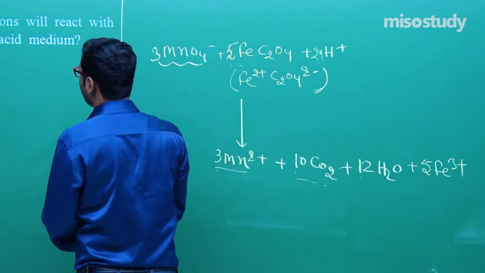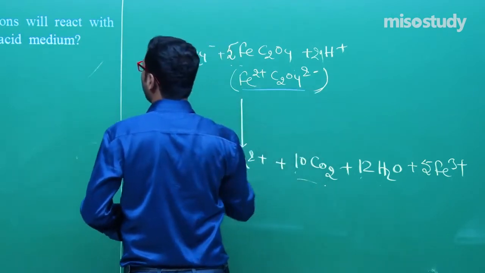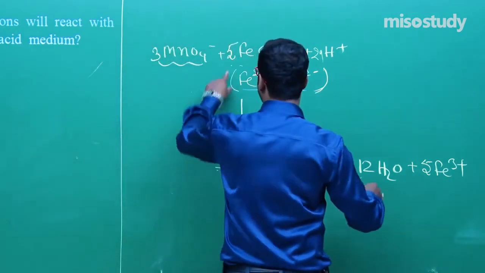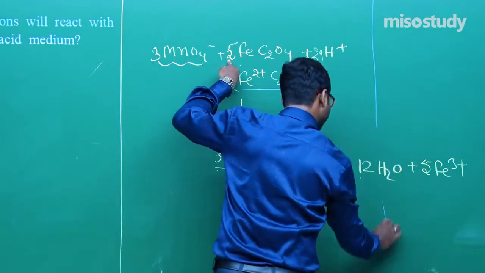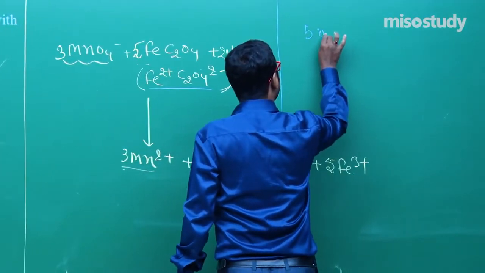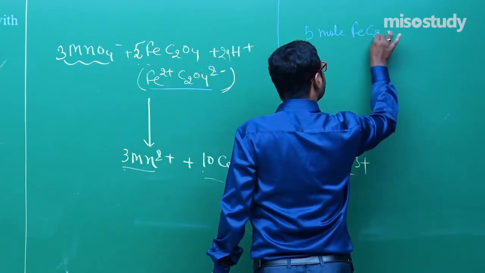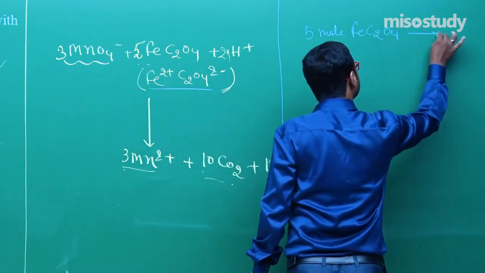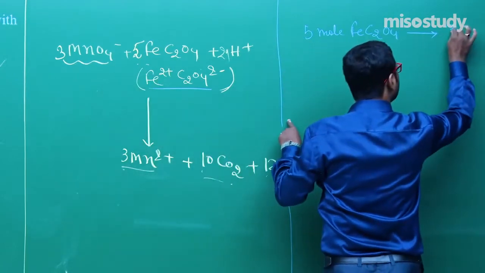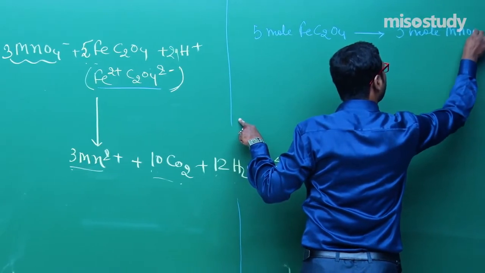Now read the question carefully. How many moles of MnO4 minus ion will react with 1 mole? Here is 5 mole according to the balanced reaction. 5 mole of FeC2O4 requires, what is given here? 3 mole of MnO4 minus.